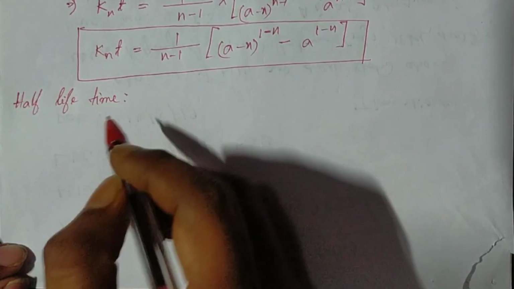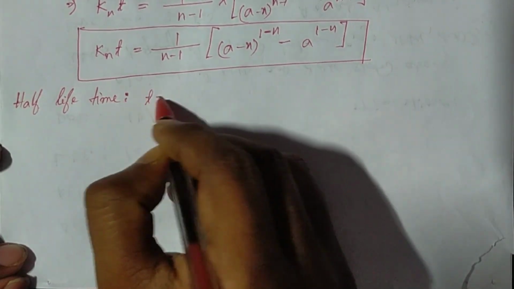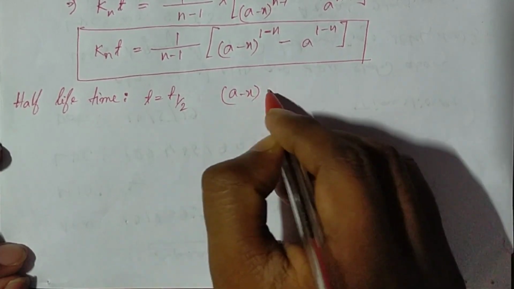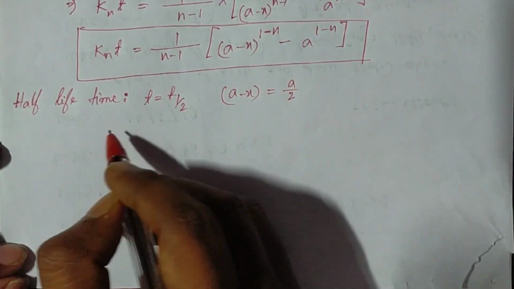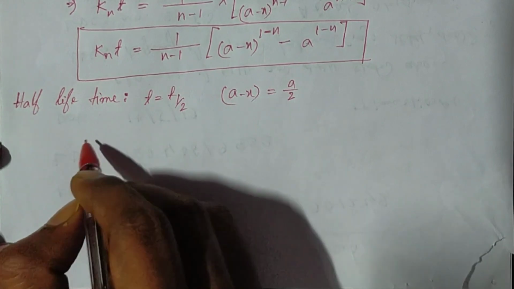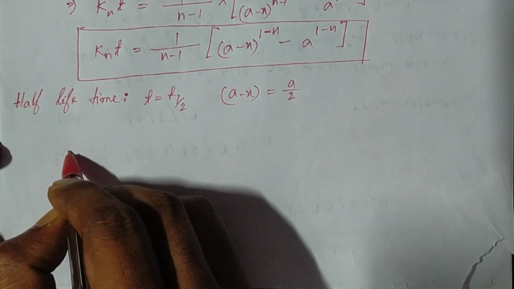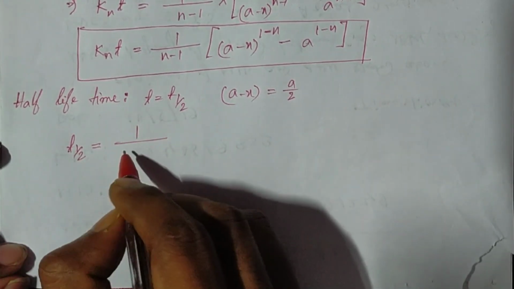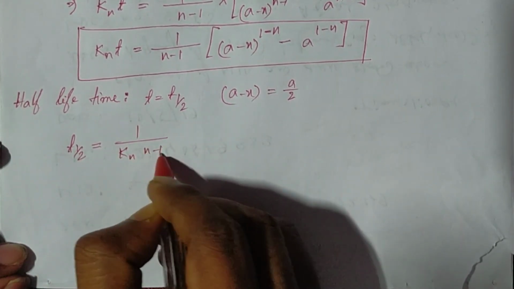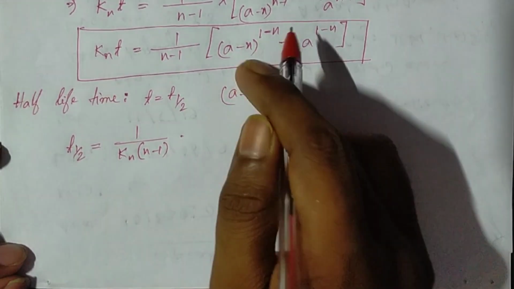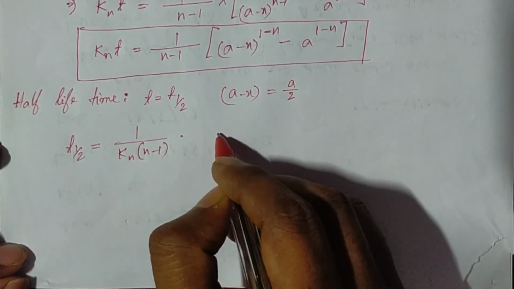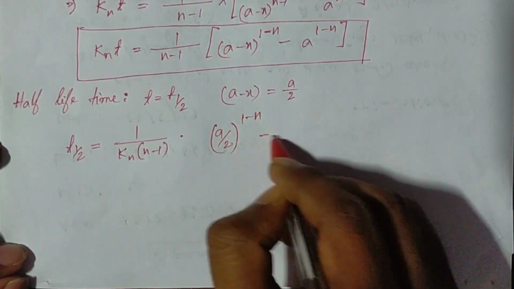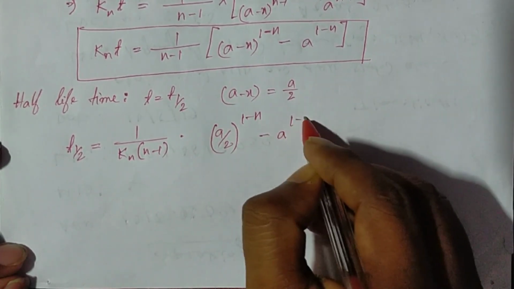Now let's evaluate the half-life time. T is t half, so a minus x will be a by 2. So in this equation we will put t half is equal to 1 by kn (n minus 1), and here it is (a by 2) whole to the power 1 minus n minus a to the power 1 minus n.